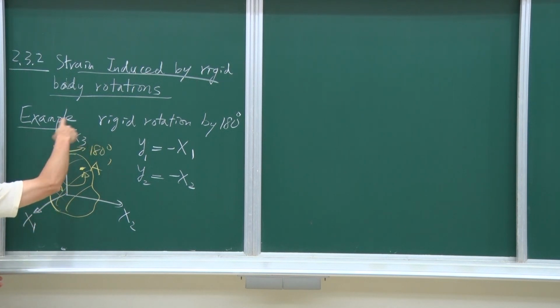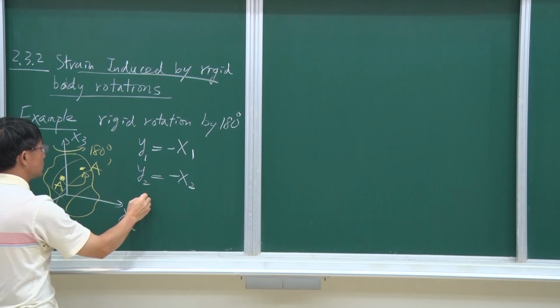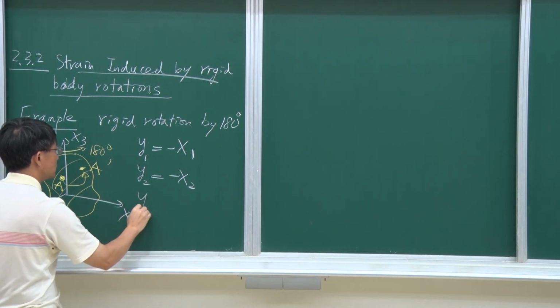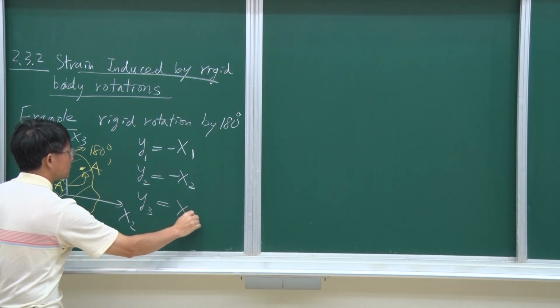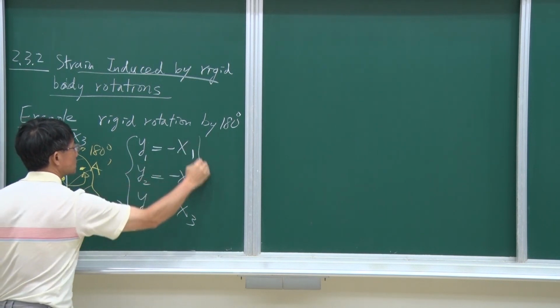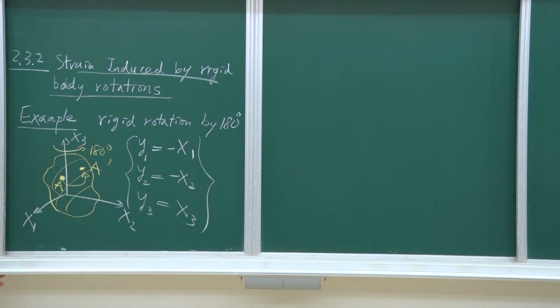But because we rotated with respect to the x3 axis, y3 equals x3. This is the mathematical formula for the rigid body rotation of 180 degrees.